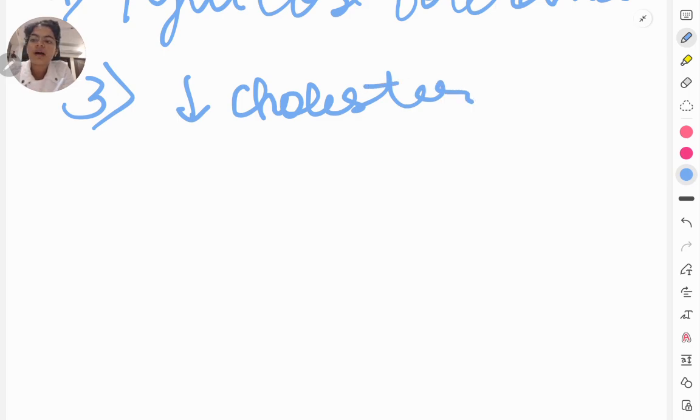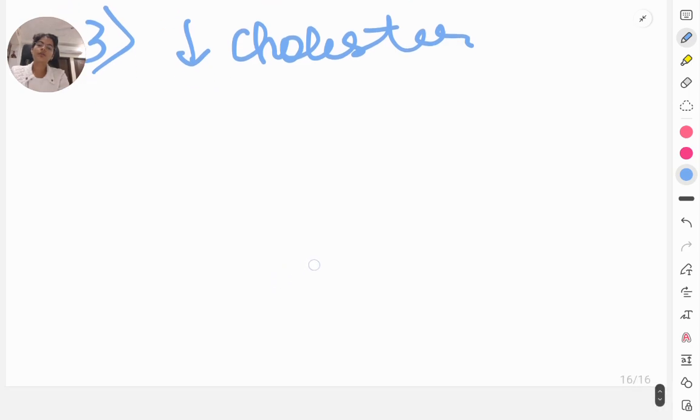Because it binds to the bile salt, decreases its circulation in the enterohepatic circulation, and thereby it causes more degradation of the cholesterol into this bile salt. Clear? And then it is disposed by the body.